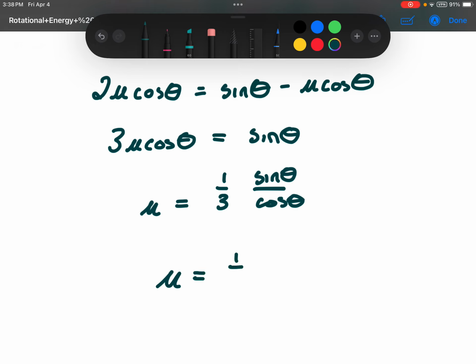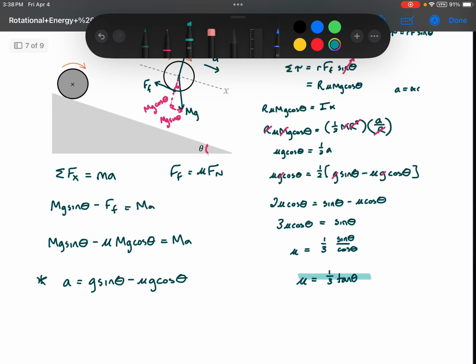Mu is 1/3 tangent theta. And that would represent the minimum coefficient of friction that allows the cylinder to roll without slipping. So we do get that rolling motion. If it's any less than that, our cylinder is going to slip down the incline.